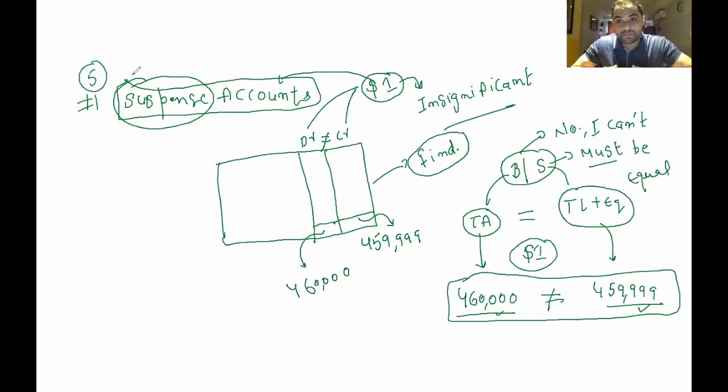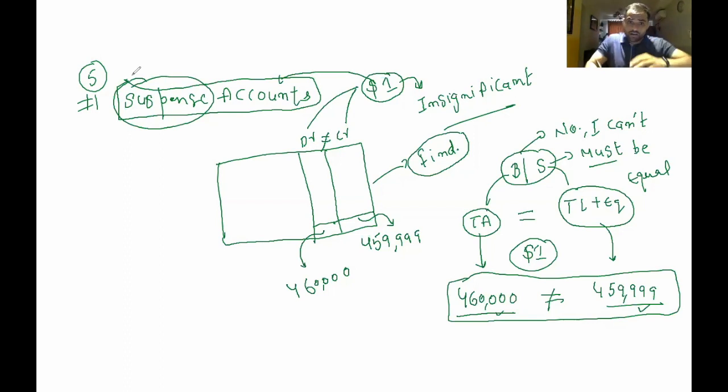What is the meaning of suspense? Suspense means we don't know where this $1 comes from. We have no idea, because the number is very, very small. So in order to make the balance equal, this $1 we will write down in the suspense account.